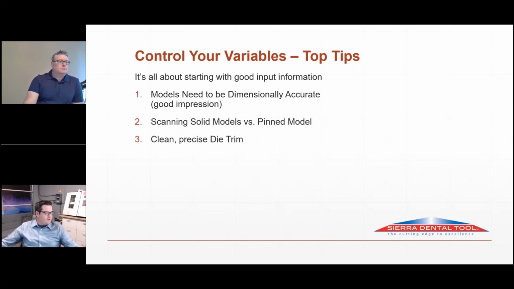Firstly, the models need to be very dimensionally accurate. We'll talk a little bit about the benefits and drawbacks of pin models versus solid models, and then some tips and tricks on how to do a good die trim just for digital. So I'll turn that over to Nick here, and we'll head that direction.